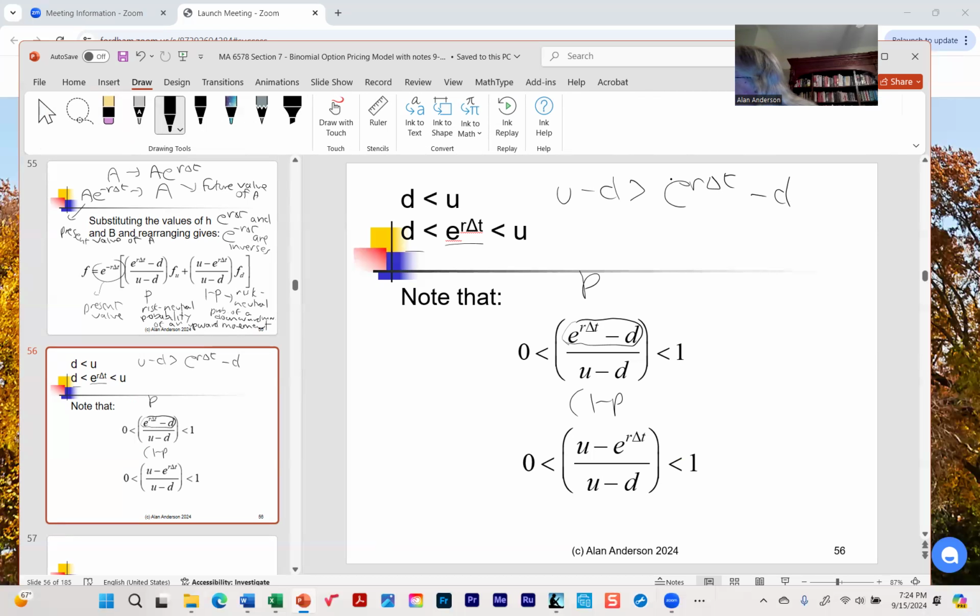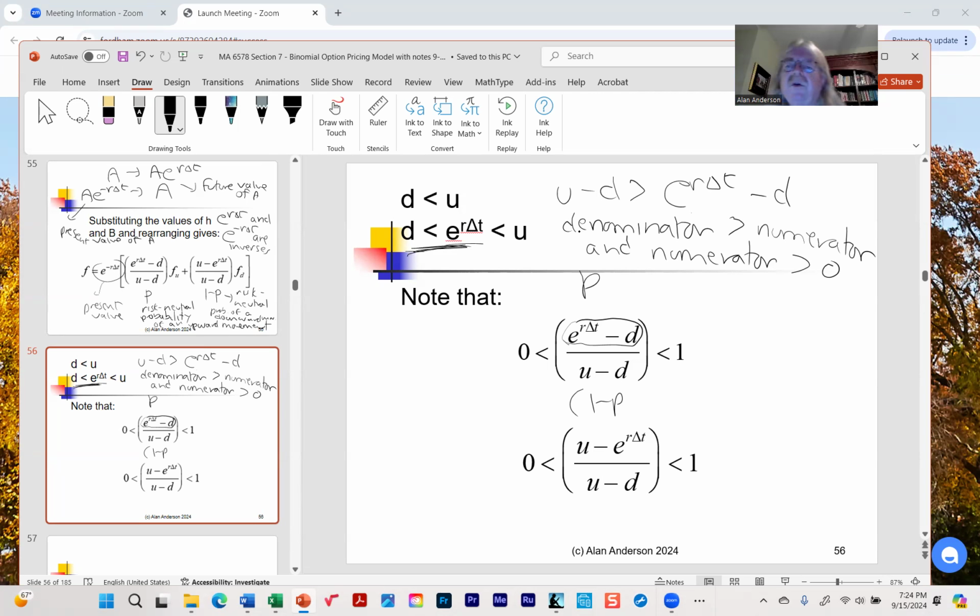Let me write it like this: the denominator is greater than the numerator, and the numerator, r delta t minus d, is guaranteed to be strictly positive, because of this right here. And that's what we needed to prove for p.